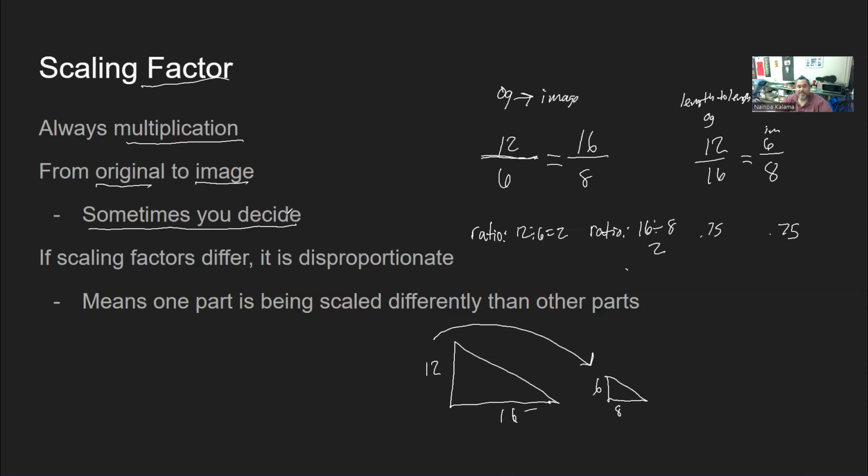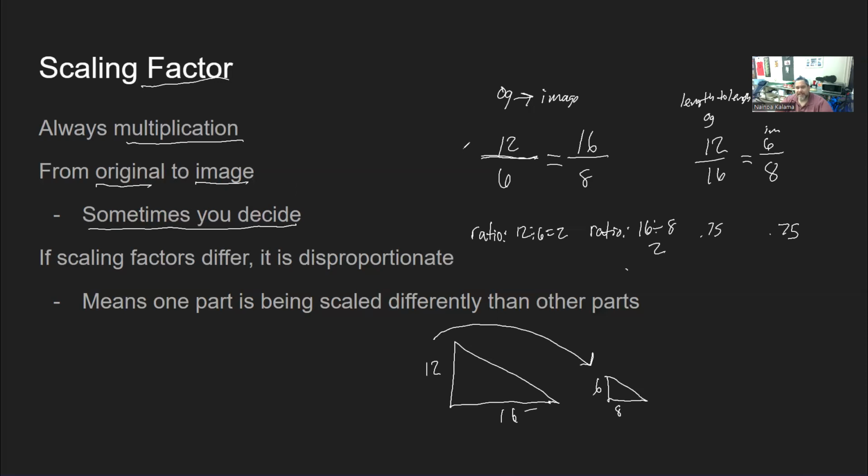Sometimes it's not clear what's the original and the image, and you're just going to have to decide, like our tree example yesterday. You couldn't say that the tree was the original and the person was the image. We just decided. But it's always multiplication, always from original to image.